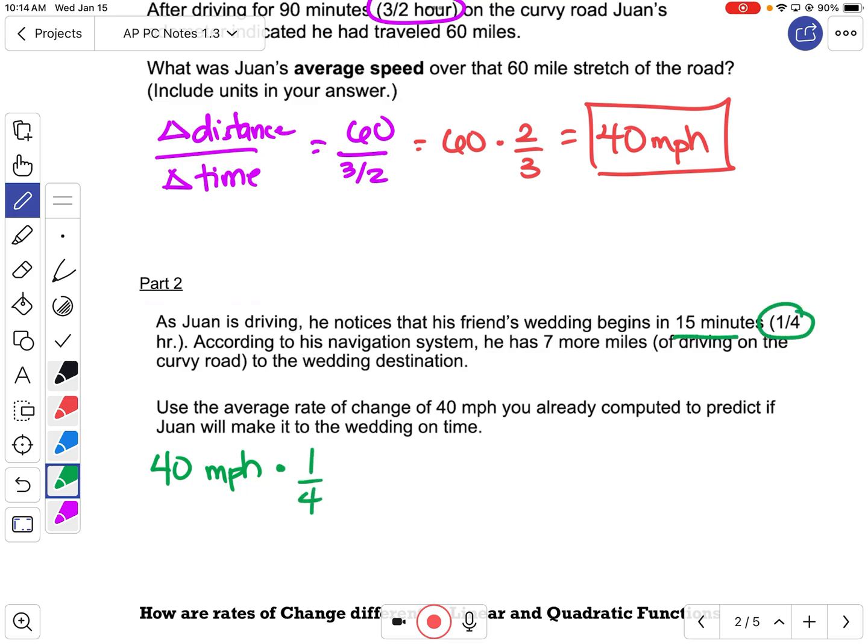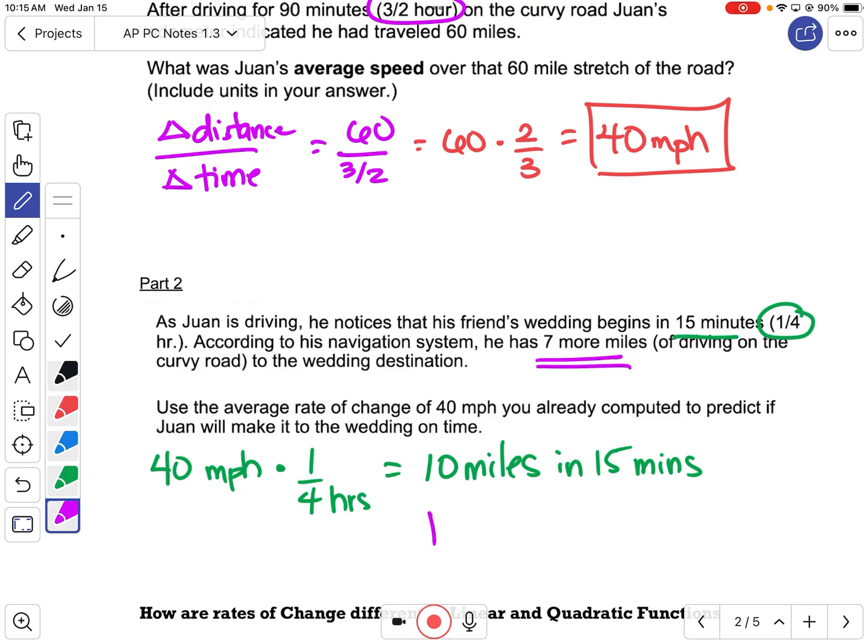So if I take 40 miles per hour times 1/4 of an hour, how many miles do I have left? 10 miles. So it says I can go 10 miles in 15 minutes. How many more miles does he have to drive? 7. So is he going to be on time? Yeah, he'll be on time.